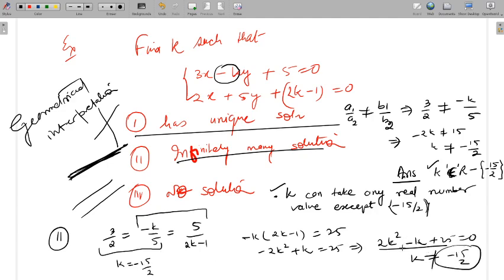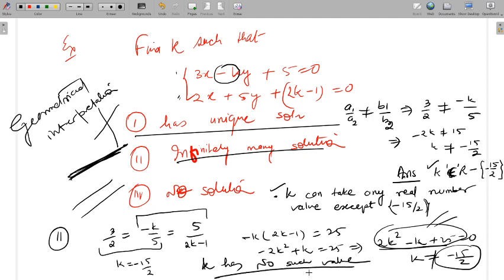This is a quadratic equation, so you will get two values of k from here. None of them is equal to minus 15 by 2. And therefore, you cannot have any value of k such that these two equations will have infinitely many solutions. So the answer to the second part would be: k has no such value. So k cannot have any value such that these two equations will have infinitely many solutions.